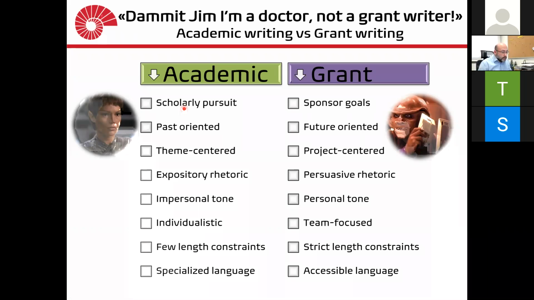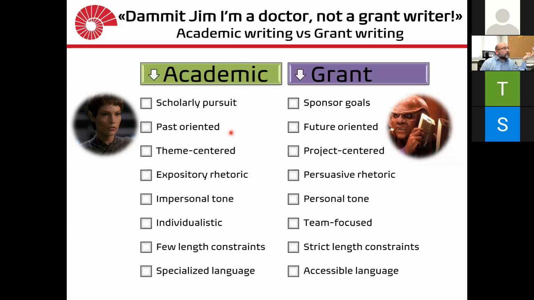So you're not only pursuing your own individual unique contributions, as when you write academically. You are doing that, but when you write for a grant, for a call for proposals, for funding, you have to investigate and understand the sponsor's goals for what you're writing for.